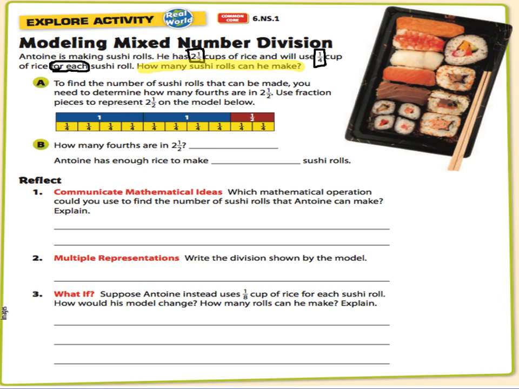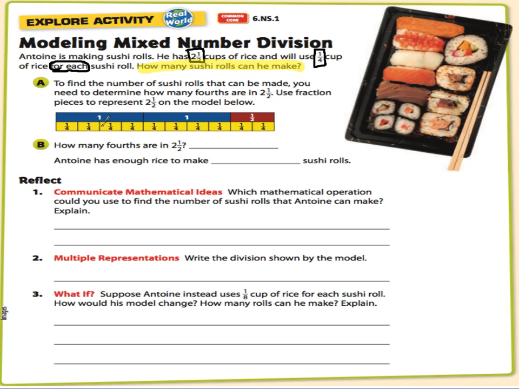First of all, we're going to take a look at what she has. In the picture, she has 2.5 cups of rice. So here's 1 cup of rice, 2 cups of rice, and then another half. I'm going to take each of those pieces, the 1 cup, the 2 cups, and the half cup, and split them all into fourths.